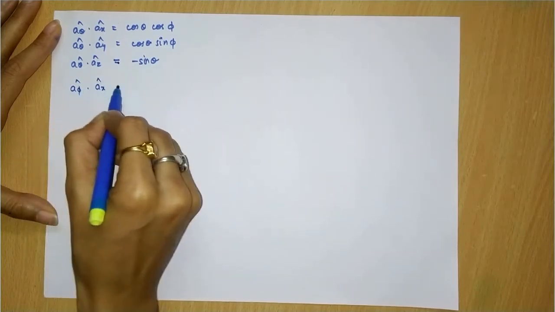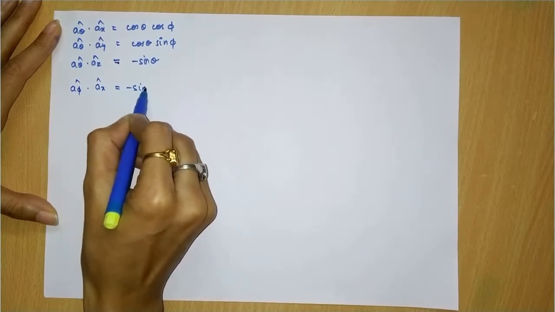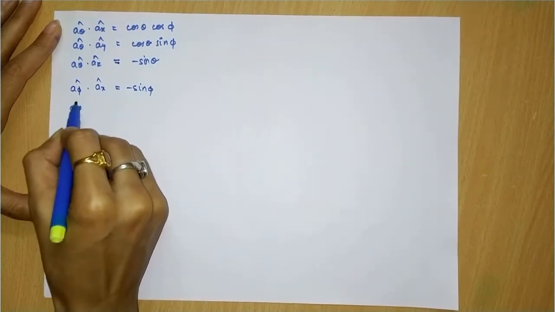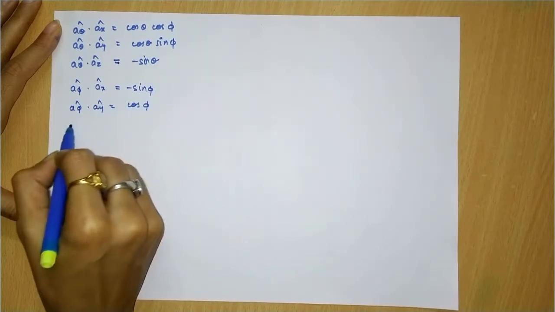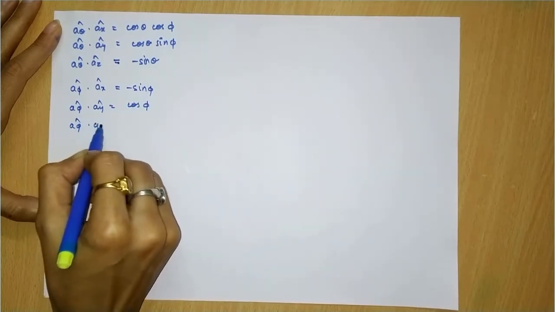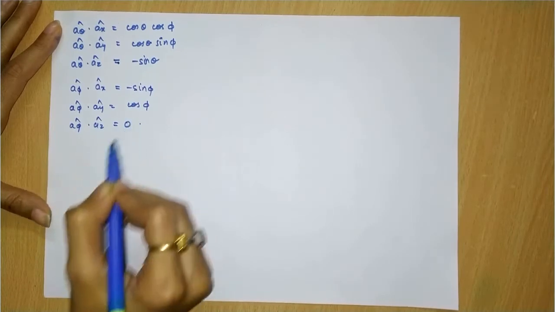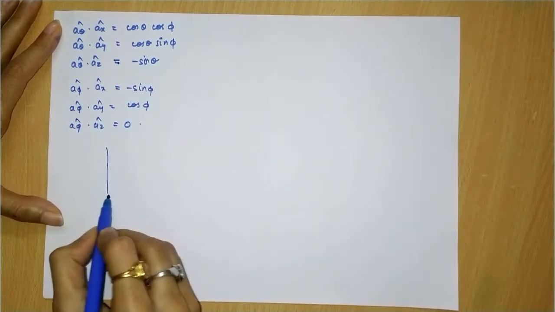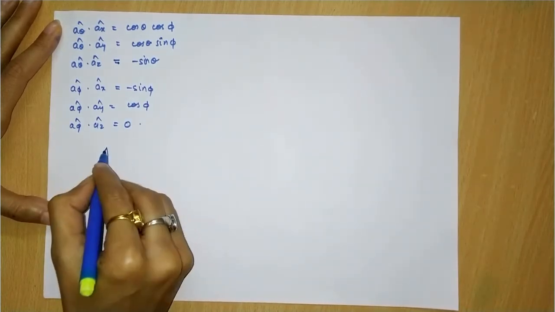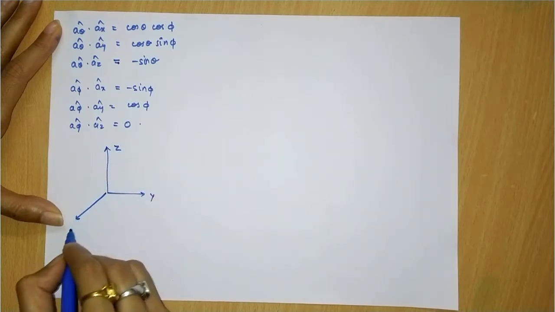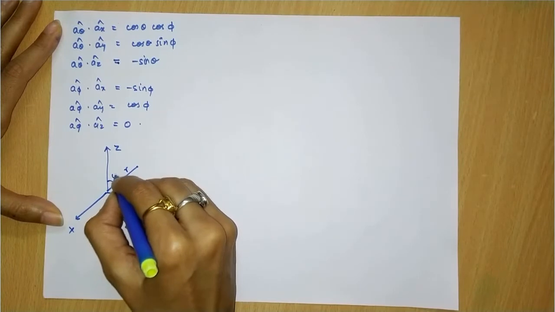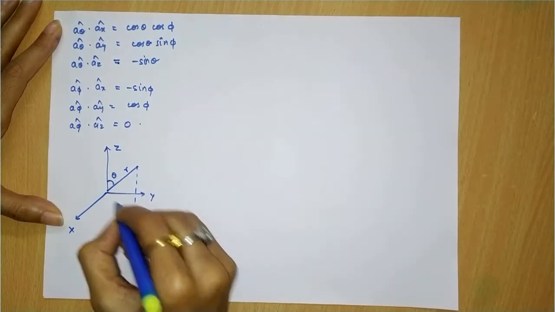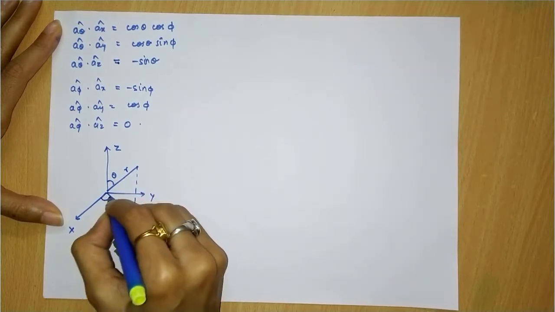Aφ cap dot ax cap is equal to minus sin phi, aφ cap dot ay cap is equal to cos phi, and aφ cap dot az cap is equal to 0. For all these, we can remember this diagram: y, z, this is x-axis, this is r, theta, projection of this is rho, this is phi.